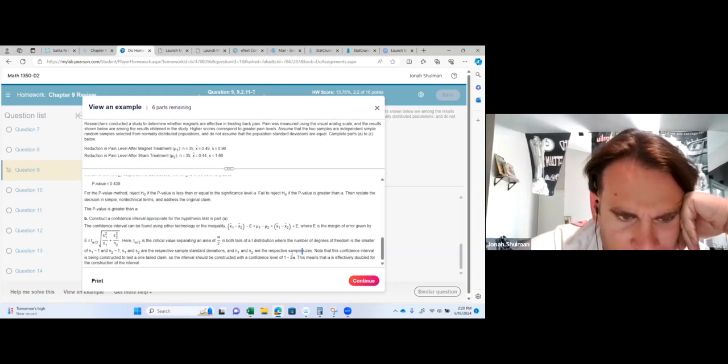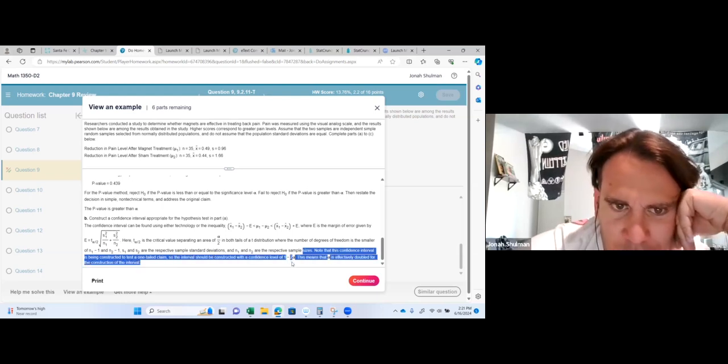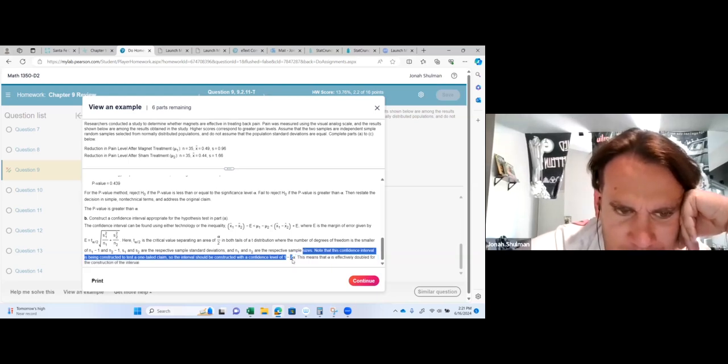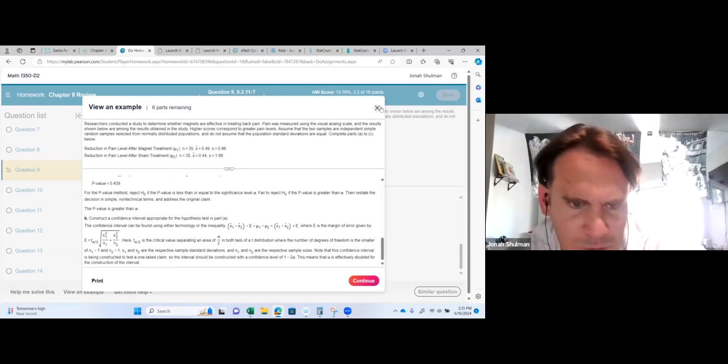Here's the part. Note that the problem was instructing us to test a one-tailed claim, so the interval should be constructed with a confidence level of 1 minus 2a. Since we did 5%, 5% times 2 is 10%. That's why it's 0.90. But I'm still going to try this formula one more time.